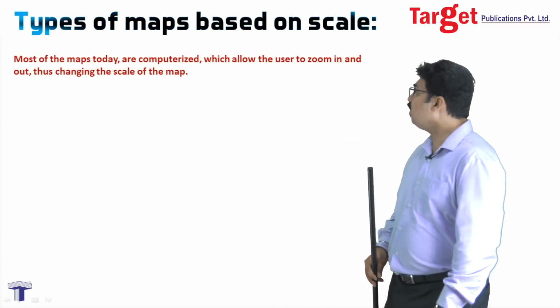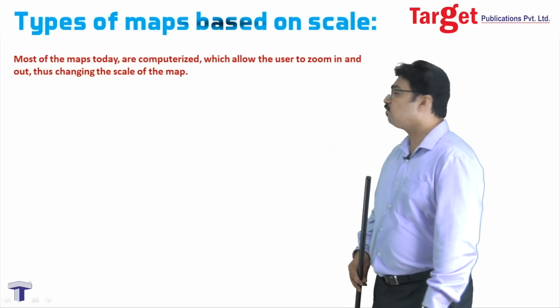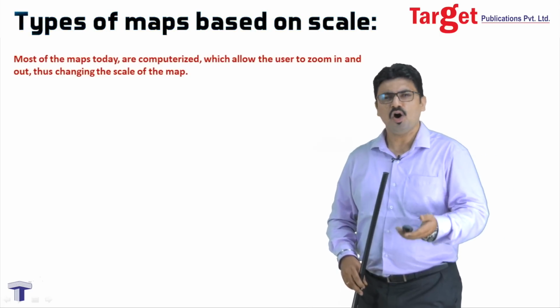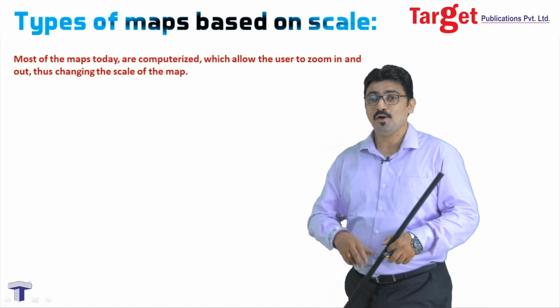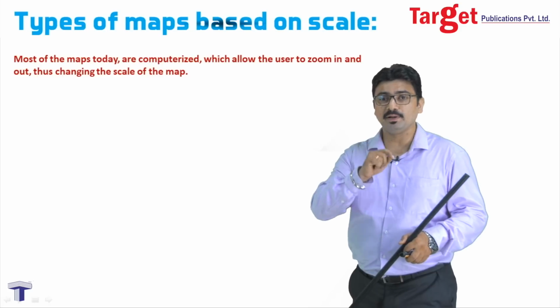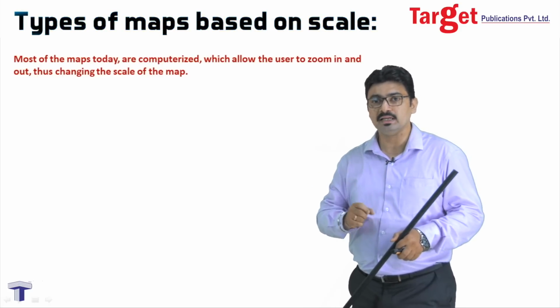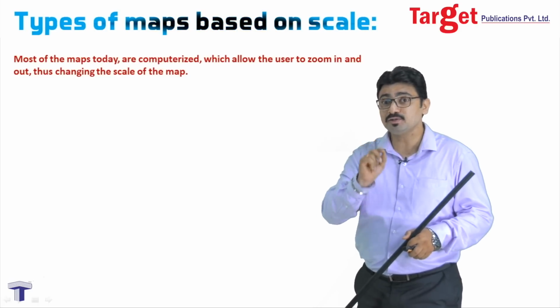So after understanding the different types of maps based on scale, we also need to understand that today there are several maps which are computerized. All of you use mobile phones, and in that you have a map application which allows you to zoom into a particular place or to zoom out and understand an overview of that place. This zoom in, zoom out facility is actually changing of scales.